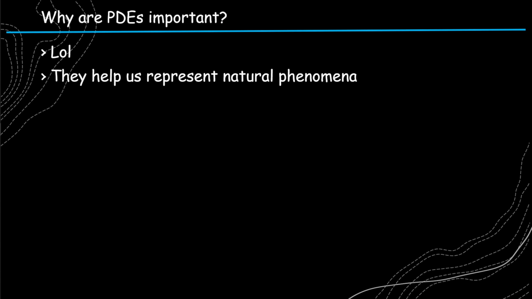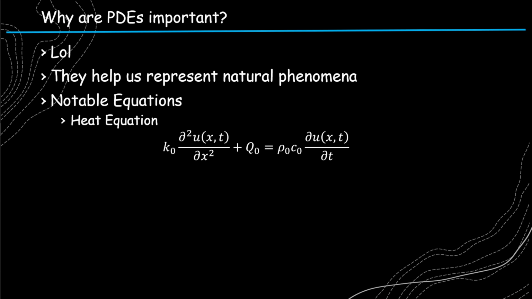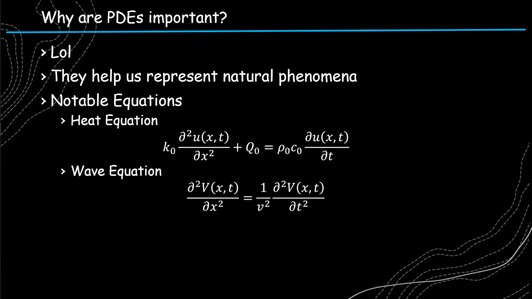Notable equations that use PDEs and are relevant to our daily lives include the heat equation, which describes how heat is distributed throughout a region of space or in a plane, and how we can use that to our advantage to be cooler or warmer. The other one is for E&M, so for you physicists and perhaps electrical engineering.